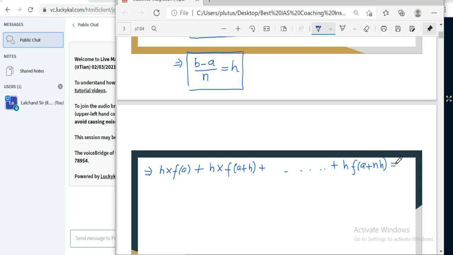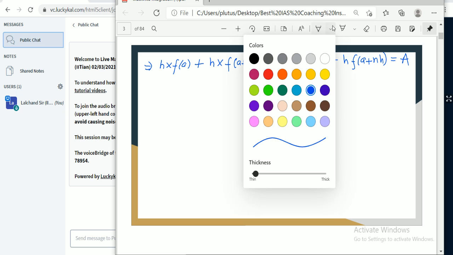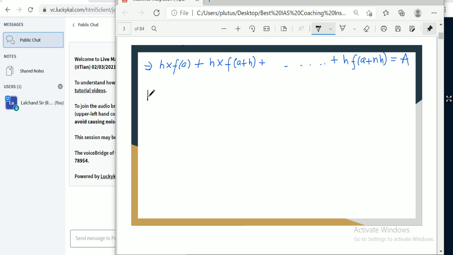This is equal to our area A. If we take h as common from all these terms, we have h times f(a) plus f(a plus h), f(a plus 2h), and so on up to f(a plus nh), isn't it?